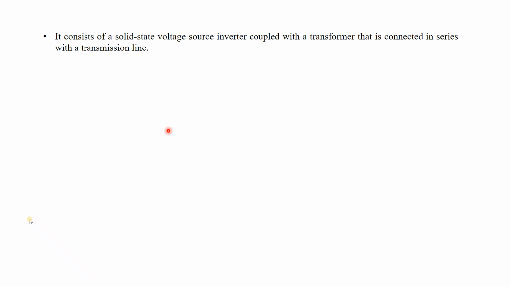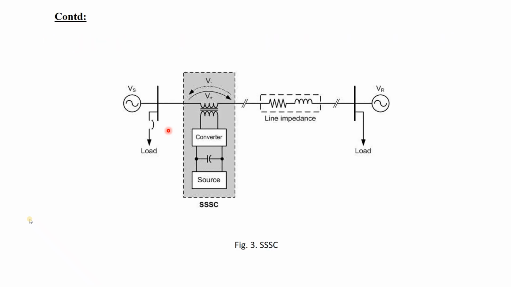So it is a solid state voltage source converter or inverter, which is coupled with the transformer, connected in series with the line. It is coupled with the transformer because the source which is generating the output, with respect to the capacitor, gives a reactive power output or inductive power output, whatever.